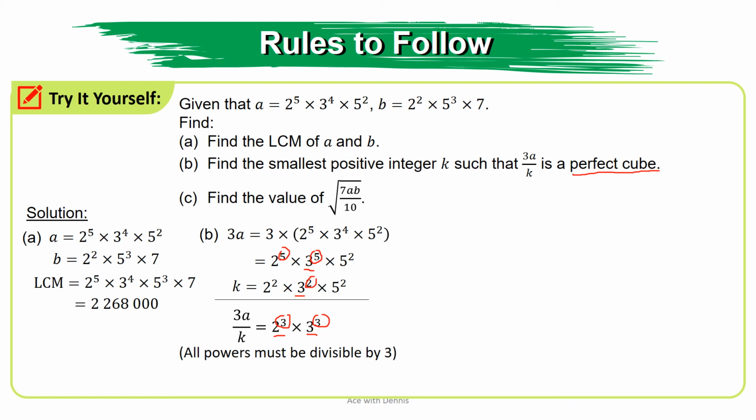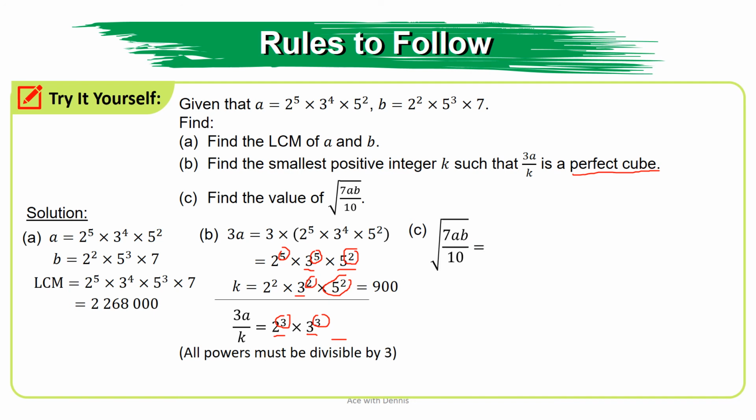For 5 squared, since the power of 5 is less than 3, k must be 5 squared, so that it can cancel out with the 5 squared, and we don't have any 5 over here. So the value of k will be 2 squared times 3 squared times 5 squared, which gives us 900.